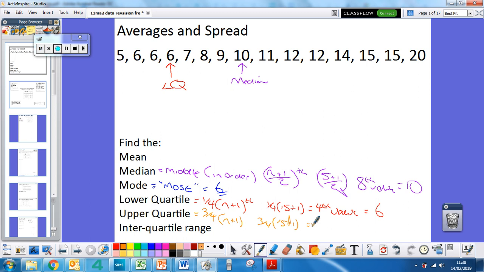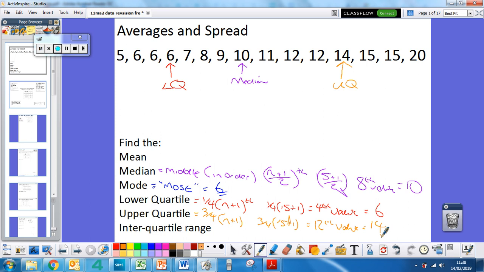That's the 12th value. So the median was the 8th. This is the 9th, 10th, 11th, 12th. The 12th value, the upper quartile, 3/4 of the way through that list, the answer to that is 14. Okay, that is the upper quartile.